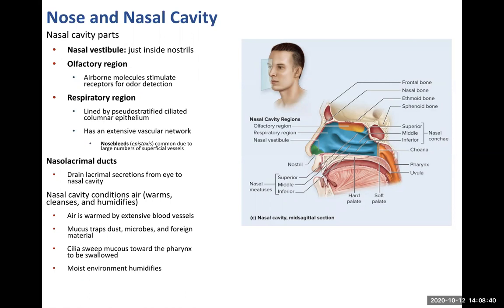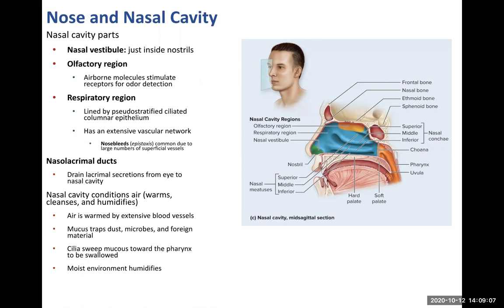Another important feature of the nasal cavity is that it is highly vascular. Because there are so many superficial vessels that line the nasal epithelium and the underlying dermis, nosebleeds, epistaxis is the technical term for that, are quite common.